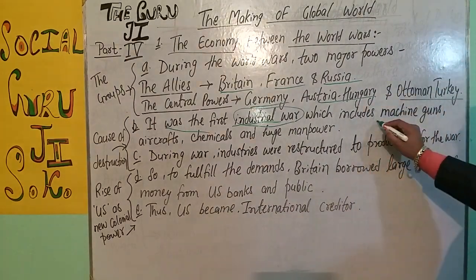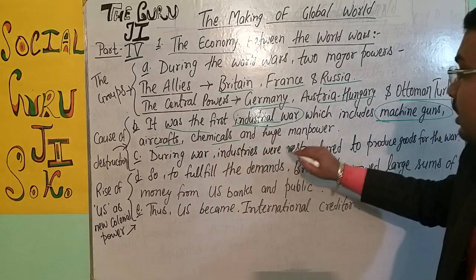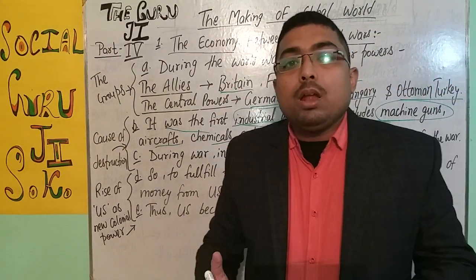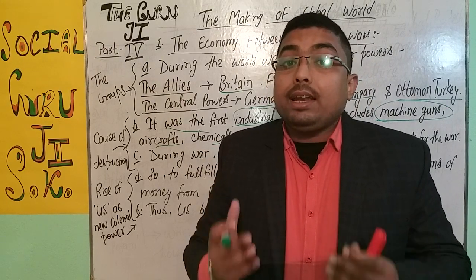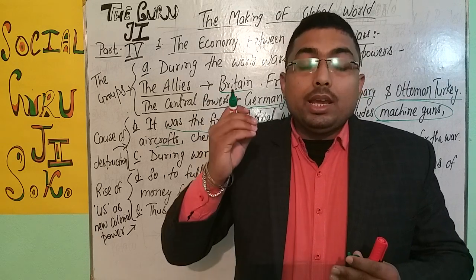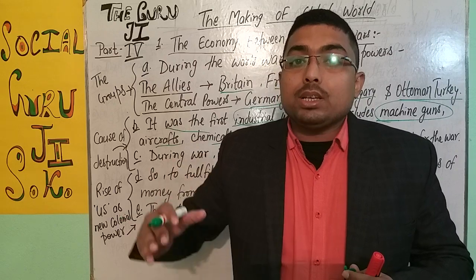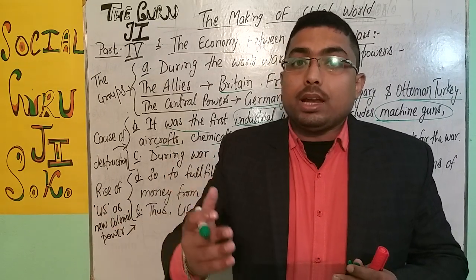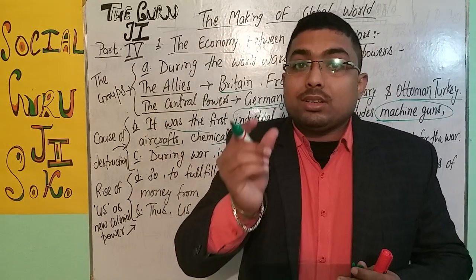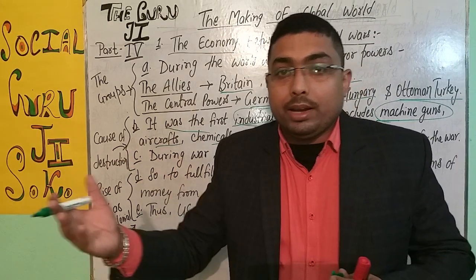They used machine guns, aircraft, chemicals, huge manpower, and to maintain this manpower, they also needed huge agricultural products. The wheat production increased so much that, as we will read in the depression topic, the prices of wheat fell because of the trade surplus. In the next topic, we are going to cover that.